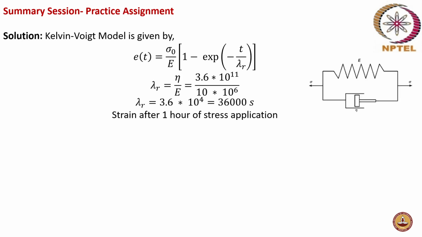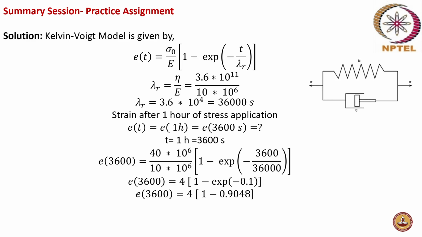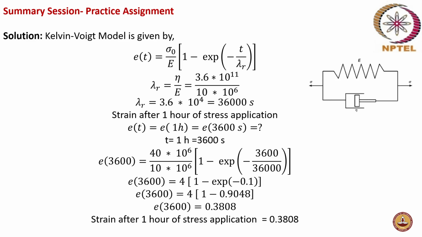They have asked for the strain after 1 hour of stress application, that is 3600 seconds. You have all other parameters except the strain at 3600 seconds. Once you substitute all the parameters, you get the strain after 1 hour as 0.3808.